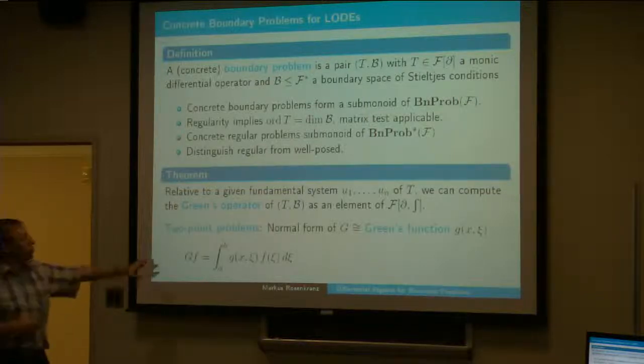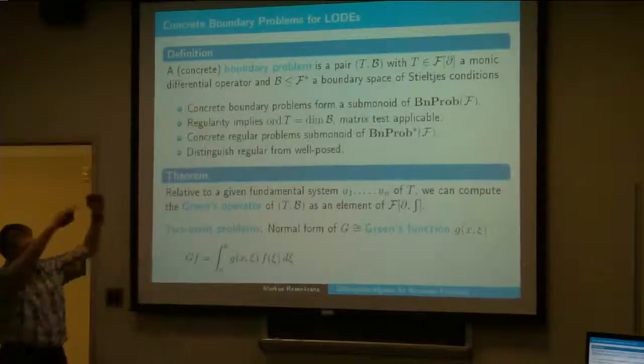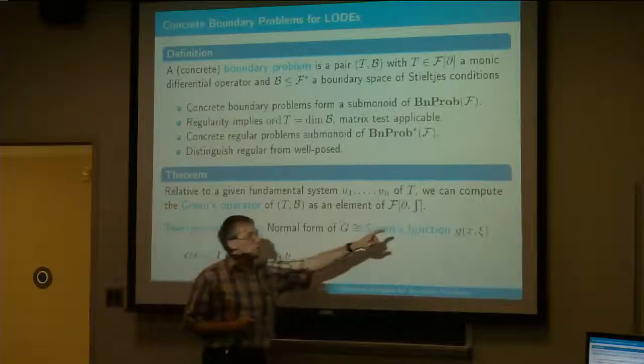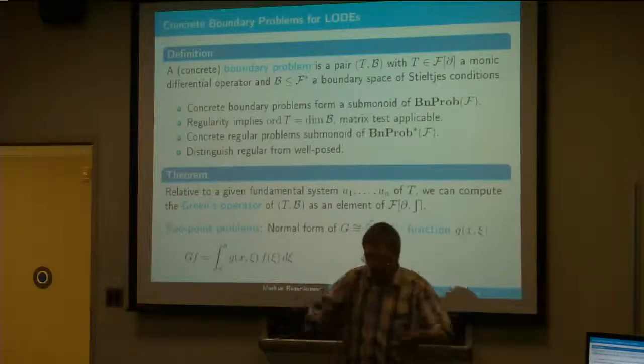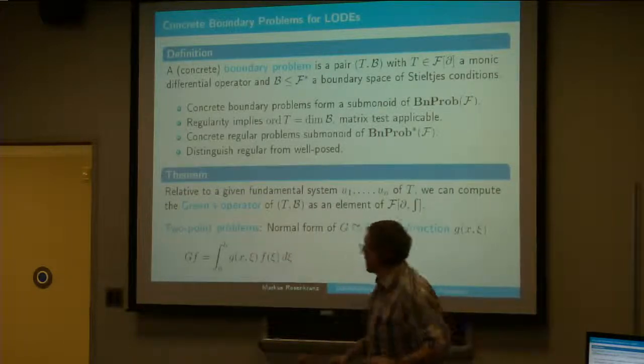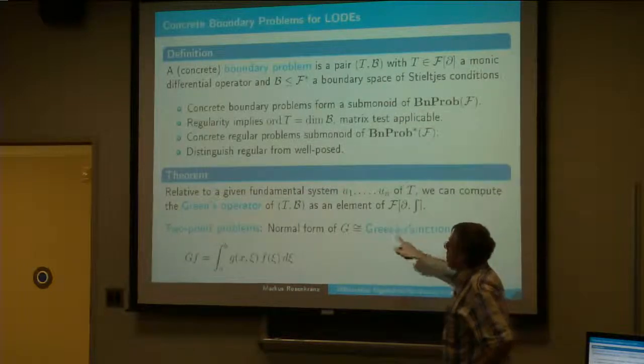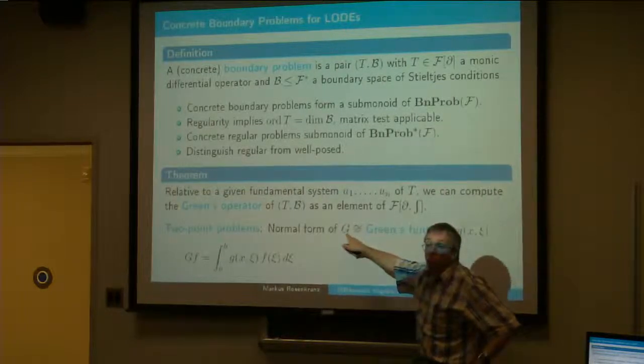And in the case of 2-point boundary problems, with these 3 conditions that I showed you before, it turns out that the Green's function, whose analytic definition is in terms of these Dirac deltas, etc., really corresponds bijectively to the normal form of G.